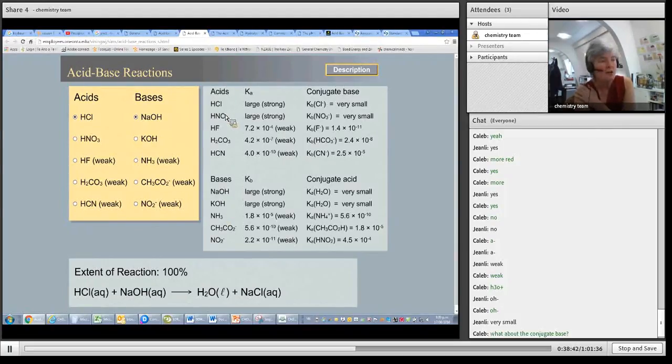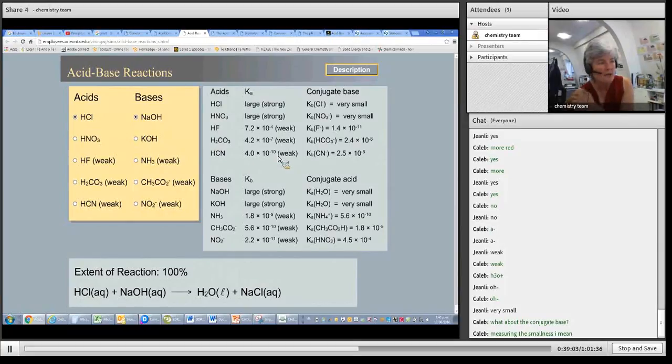Yep, so for the conjugate base, it's when it goes the reverse direction. Okay, I need to talk about the water first, so you can work out where this value comes from.